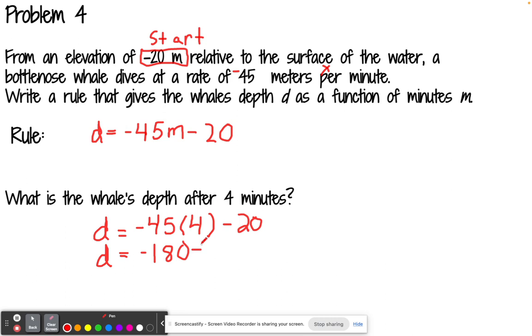Minus 20, which means after 4 minutes, my bottlenose whale will be at a depth of negative 200 meters below the surface of the water. That's pretty deep.